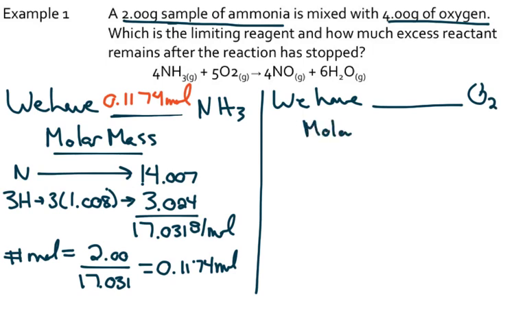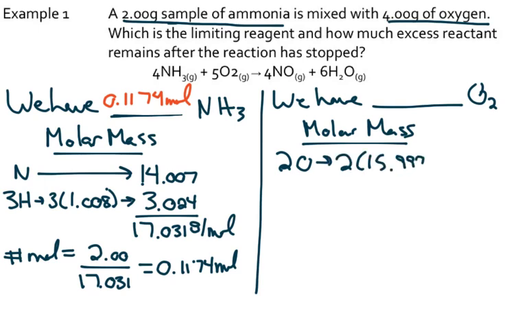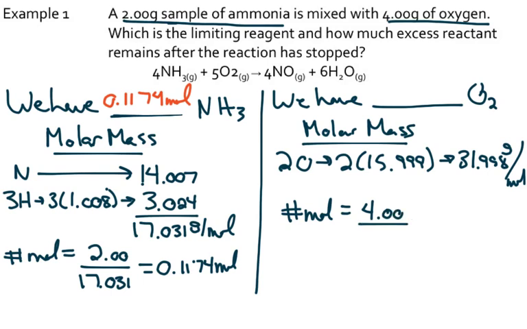Again, molar mass. Luckily, oxygen is just O2, so in that compound we have 2 oxygens, each weighing 15.999, so 31.998 grams per mole is our molar mass. And the number of moles of oxygen, 4 grams divided by 31.998 gives us 0.125 moles of oxygen.